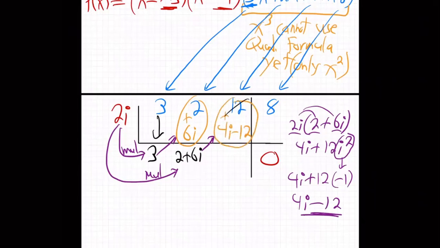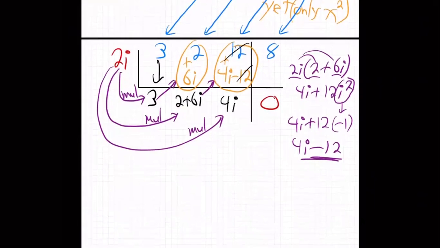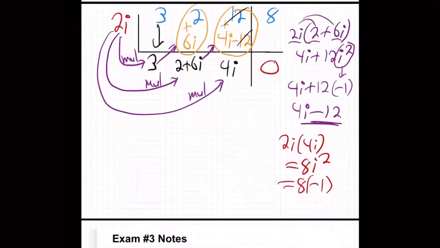What do you get? Well, these 12s cancel, and you just get 4i, right? And then last one, we know what we're supposed to get. Multiply 2i times 4i. Now, how does that work? You do it right over here. 2i times 4i. Well, that's 8i squared. And remember, what is i squared? -1.